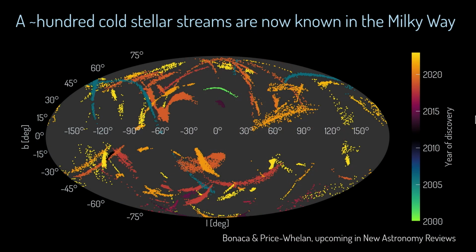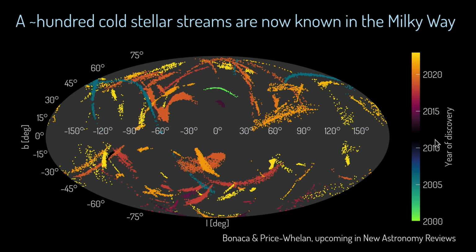So what I'm showing here is all of the known cold stellar streams in the Milky Way in galactic coordinates. So the galactic plane is here at b of 0. You can see that there are too many Gaia stars to actually have efficient searches in the plane. But outside of it, there are almost 100 known streams.